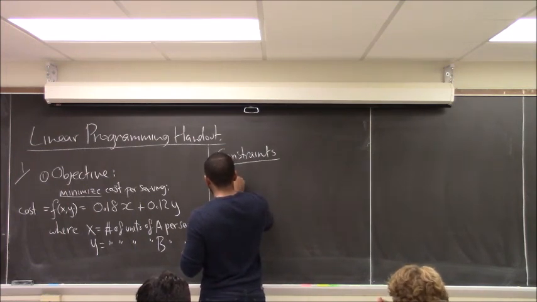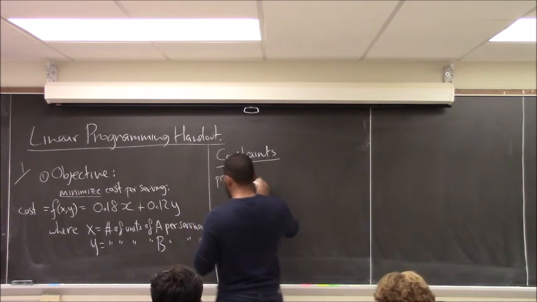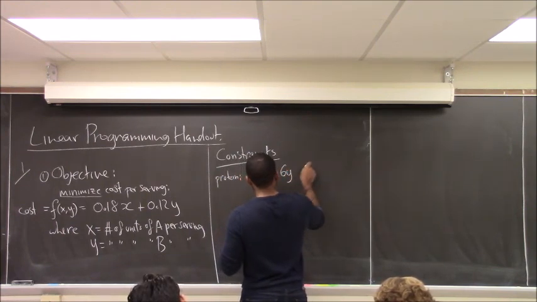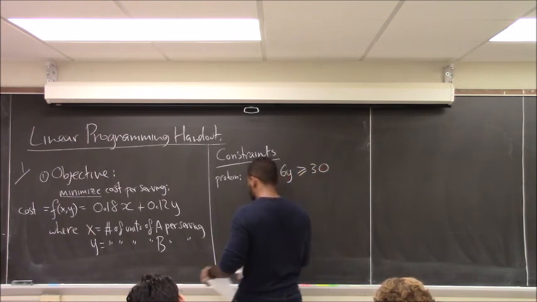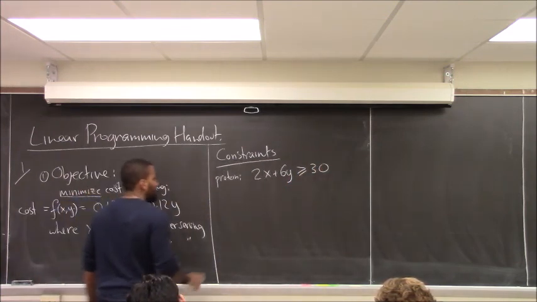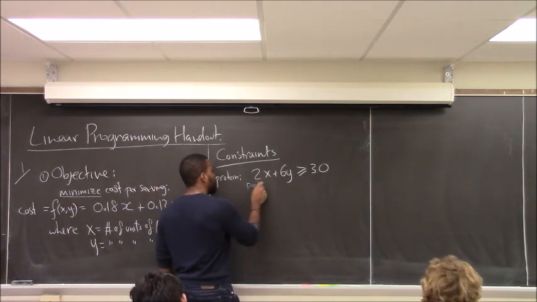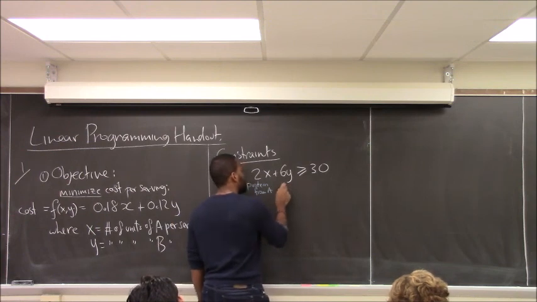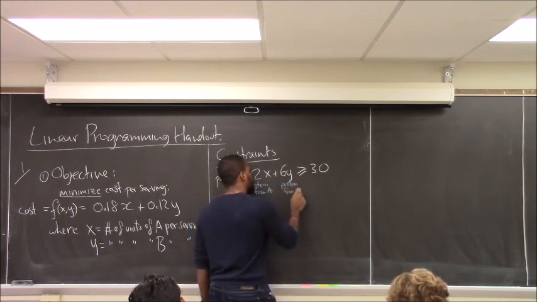So look at the protein, look at these one at a time. And yeah, it's going to be 2x plus 6y must be greater than or equal to 30, right? So this here the 2x is the protein from A. And here's the protein from B. Right?